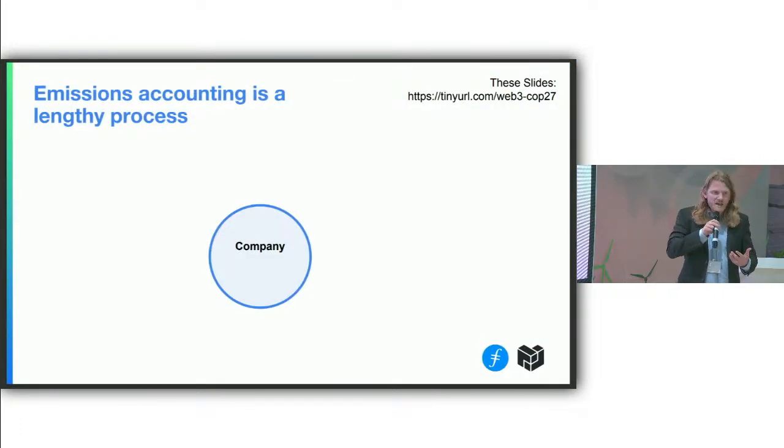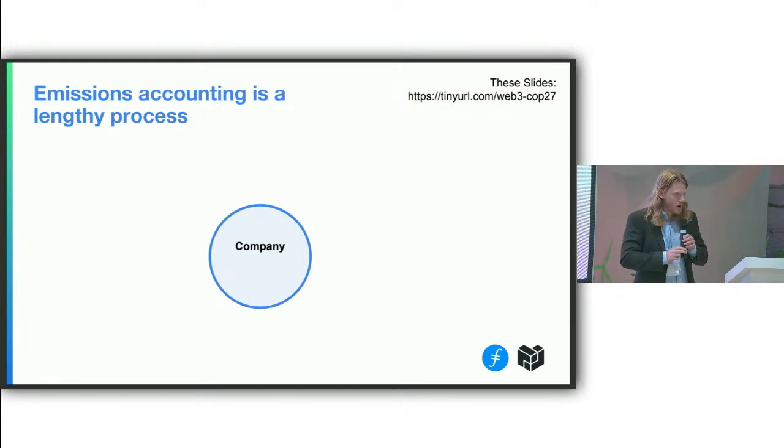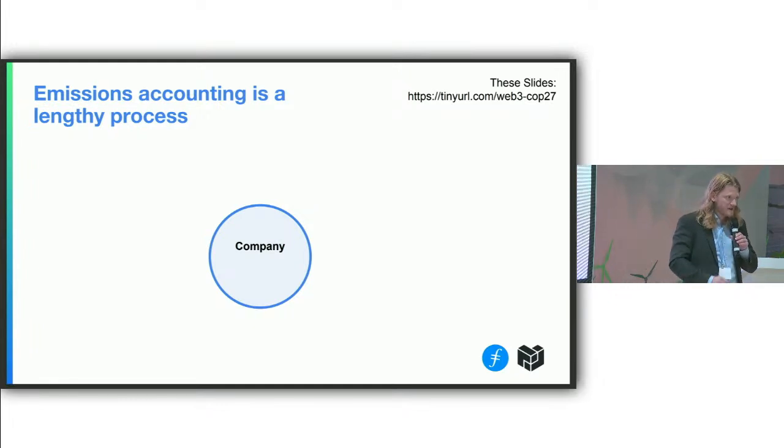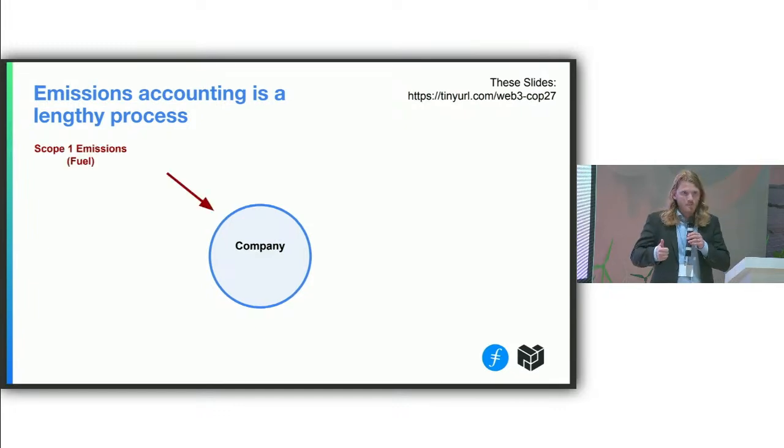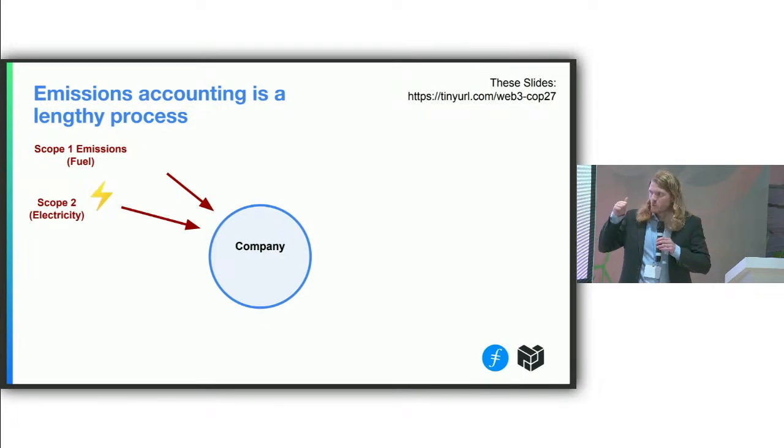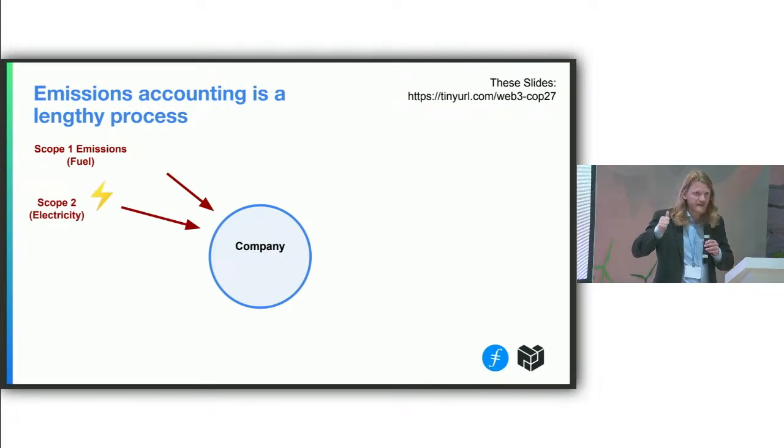So why does the current system, using the greenhouse gas protocol to understand where emissions are, guarantee that our data is going to be old before it can be used? When you are doing an emissions accounting exercise for an individual organization, you need to run through: first, what are my scope 1 emissions due to fuel? Next slide. What are my scope 2 emissions due to electricity?